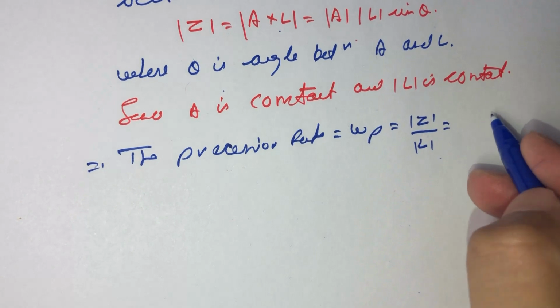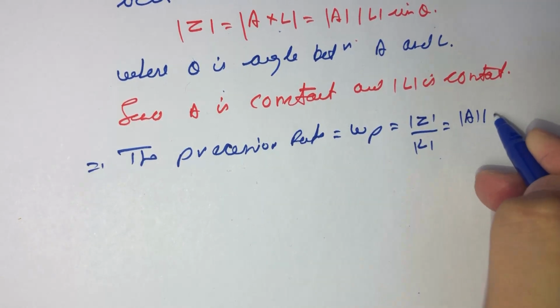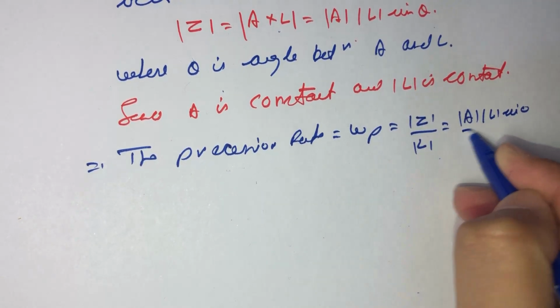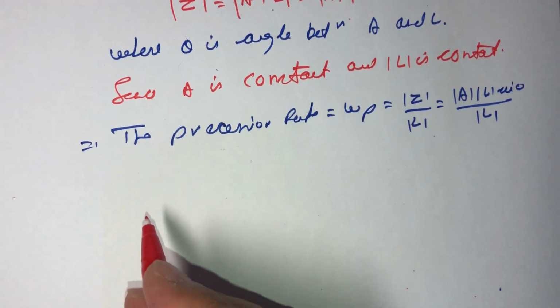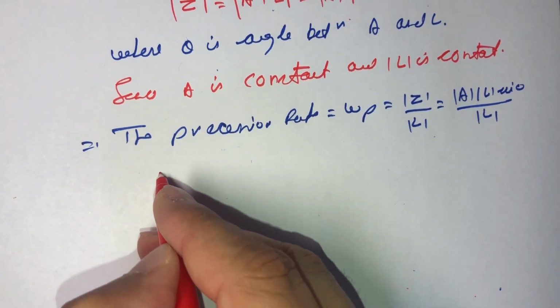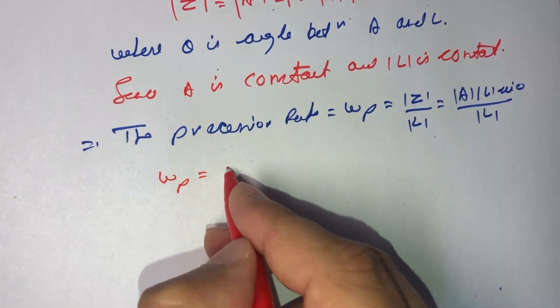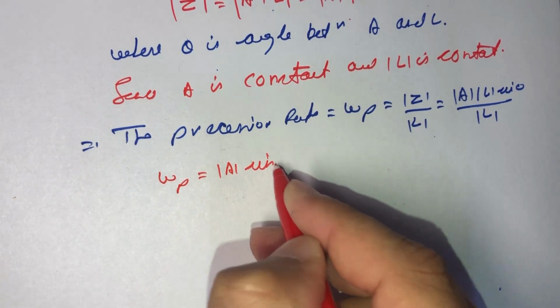We substitute the values and get A L sine theta divided by L magnitude, and this gives us that the precession rate ωp is equal to A sine theta.